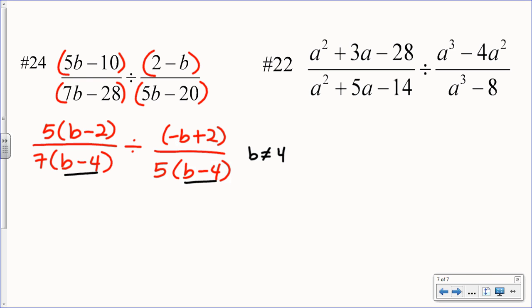Alright, now change it to a multiplication problem. So your first fraction, the one on the left, stays the same. And then you do the reciprocal of the second line.